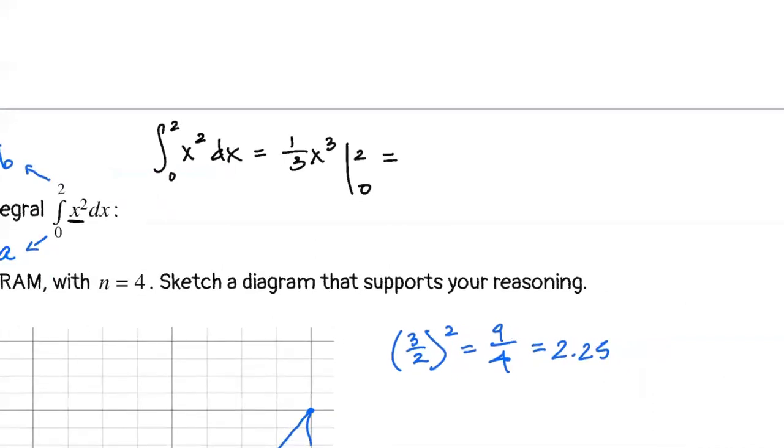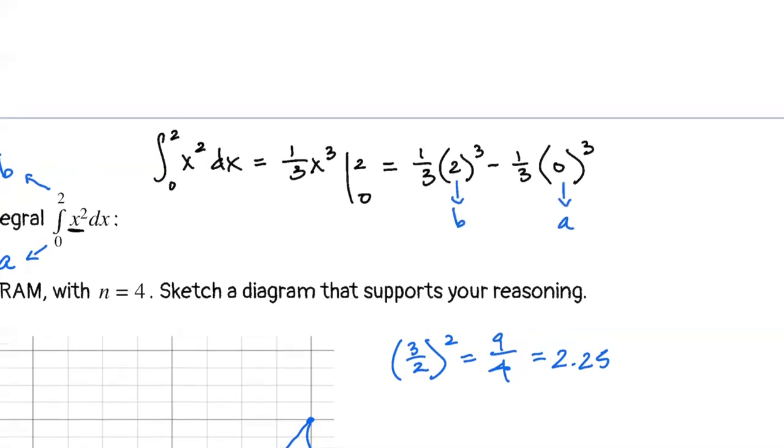So we would have 1/3 times 2 cubed minus 1/3 times 0 cubed. And so this would be the b value, and this would be the a value. You plug those into the function.